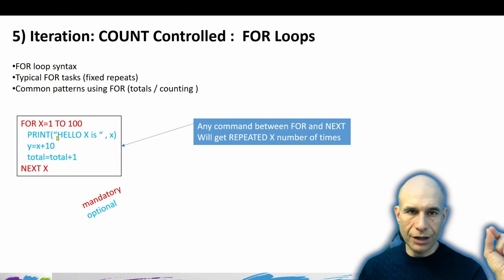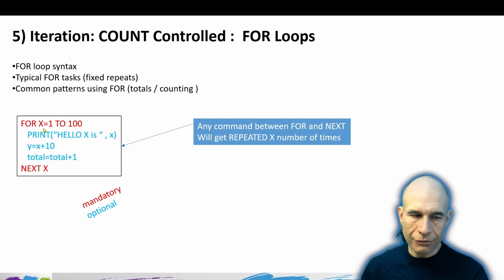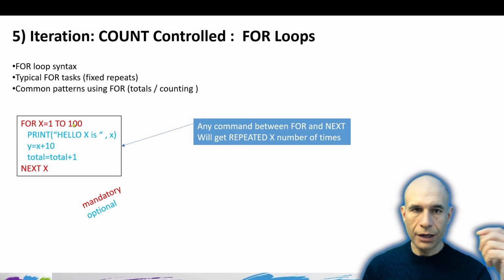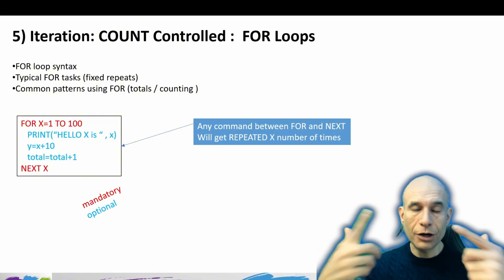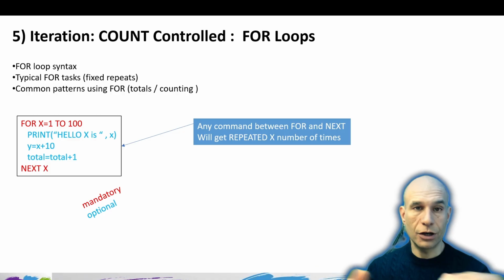Whatever commands we have between this line and the line which is next x, these commands will get repeated 100 times. You can change this to any variable, starting from any number and going to any number. But the point is, these loops are count control, so it will run a specific number of times.